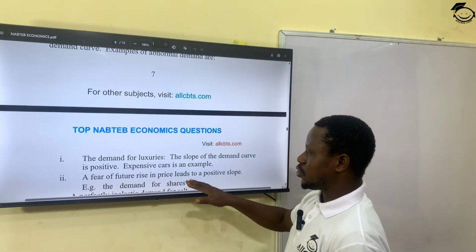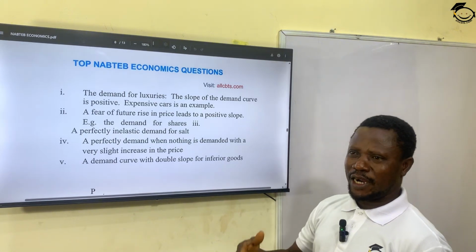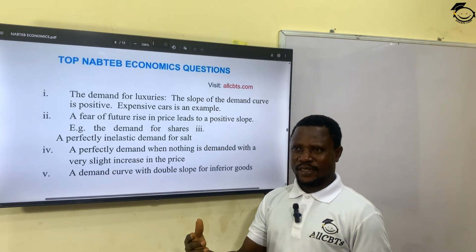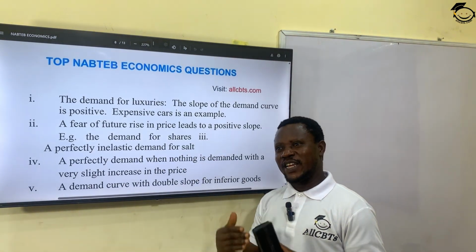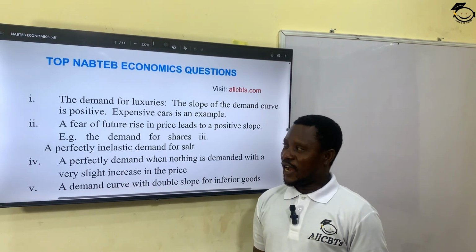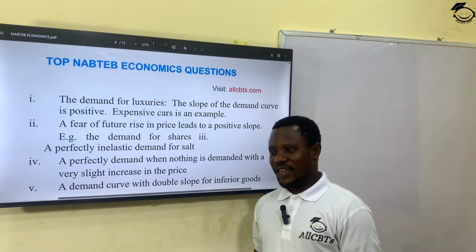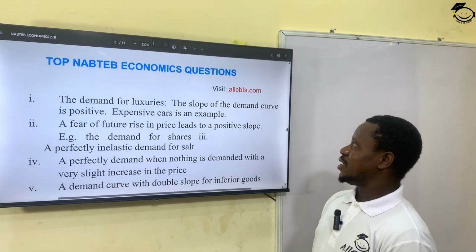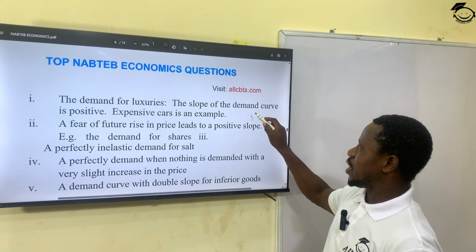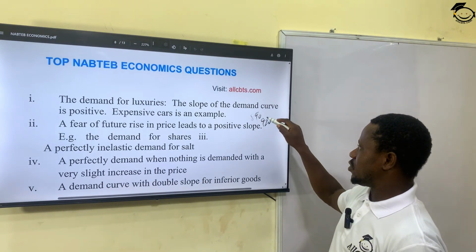Next is fear of a future rise in price. People may buy a product at an increased price if they are afraid that tomorrow the price will go up again. I have a very practical example in fuel, petrol in Nigeria. Petrol is being sold at some stations for 890, some 920, some 900.